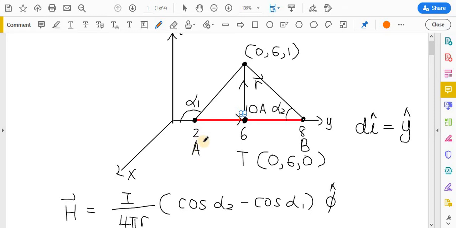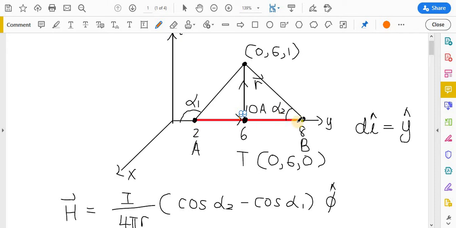We label this point as point A and this point as point B. The value here is smaller than the value here. The angle attached to point A will be alpha 1. If you remember what I mentioned in the video, alpha 1 should stay outside. That's why this one is your alpha 1, and alpha 2 stays inside. So this one is your alpha 2.